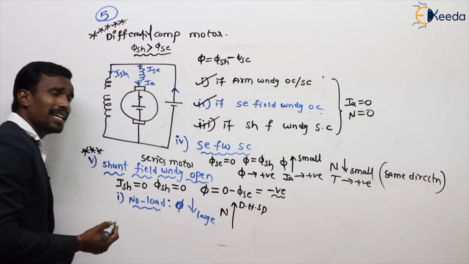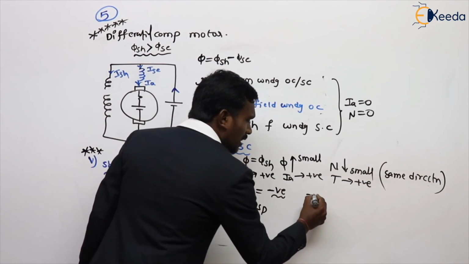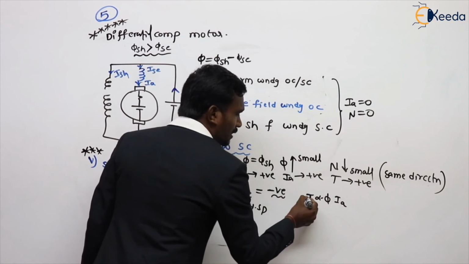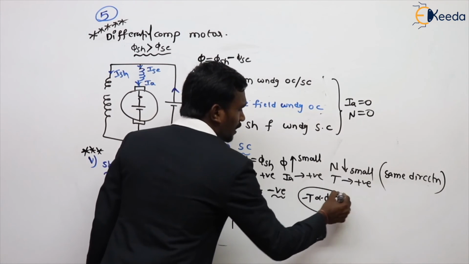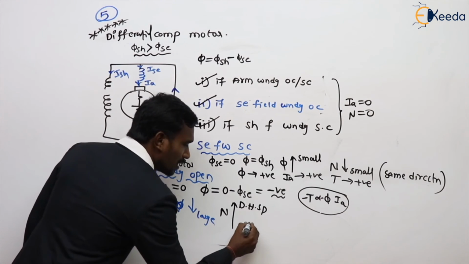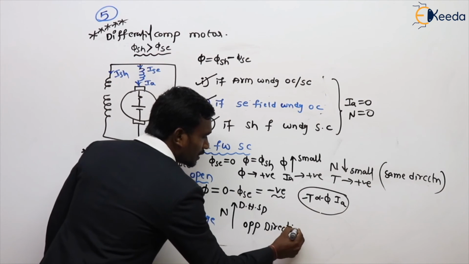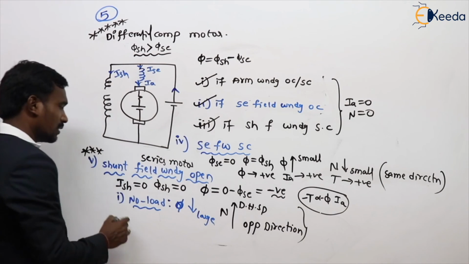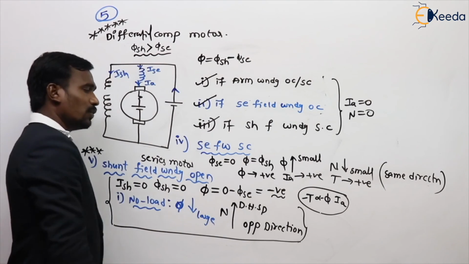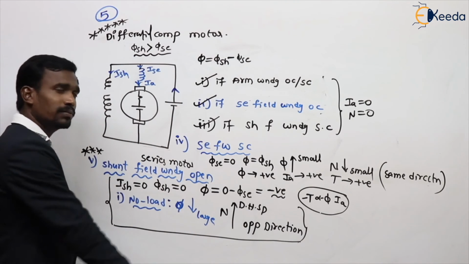Same direction or negative direction? Tell me, same direction or negative direction? The torque is directly proportional to flux into IA. IA same but flux negative. When the flux is negative, torque is also negative. When the torque is negative, this rotates in opposite direction. This is the no load case. Of course, up to now we had the same direction, but now we got a negative direction as the answer.